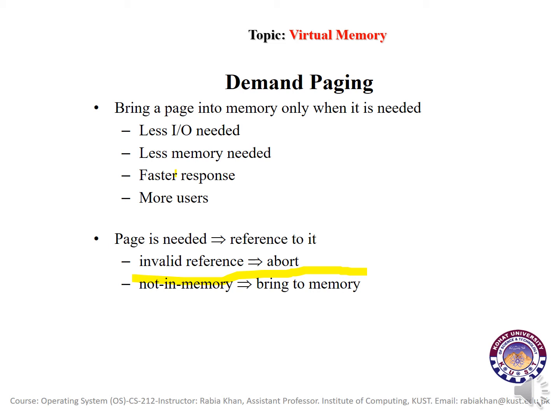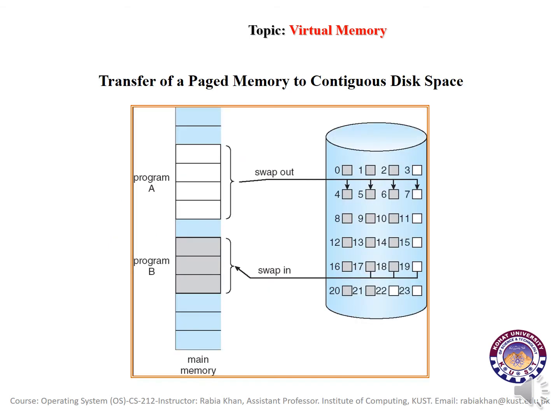So then that page is loaded in RAM. Here, the swapping mechanism is shown. The pages which are blocked are swapped out of main memory to virtual memory, while the required or demanded pages are swapped in back to main memory. So the swapping mechanism is shown in this diagram.